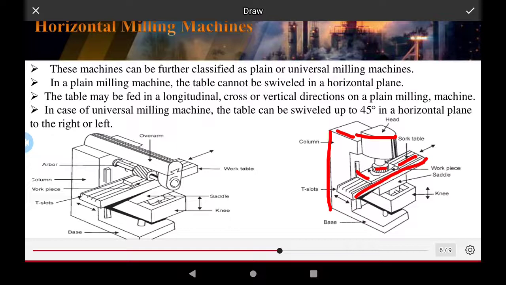This is the horizontal motion of the table in one direction and the other direction. This is the feed, this is the bed or base of the machine, and this is the spindle which can move from vertical to horizontal.